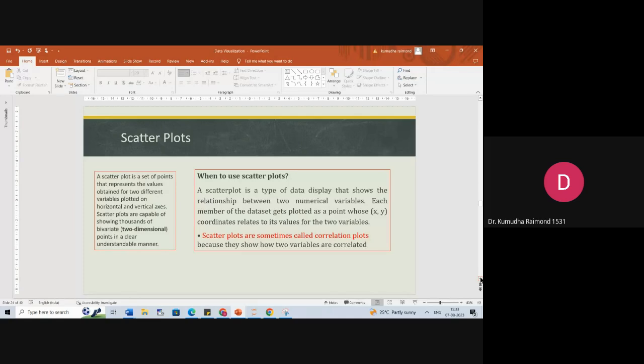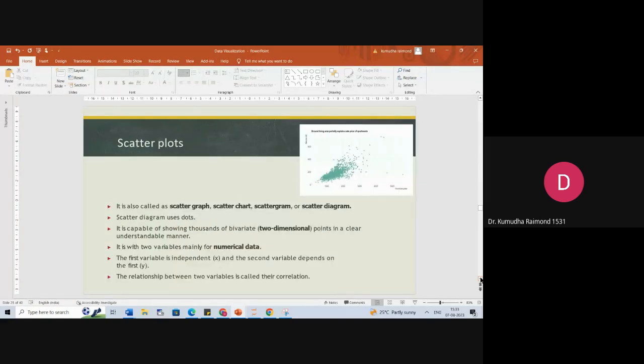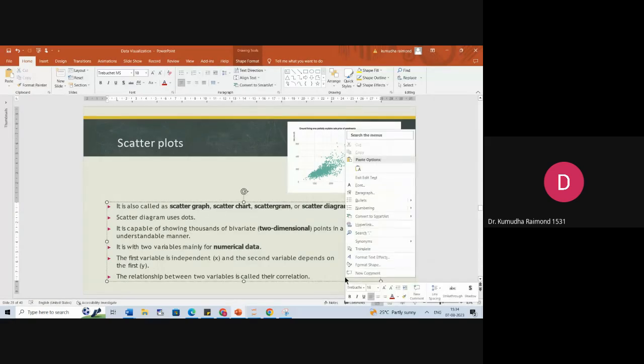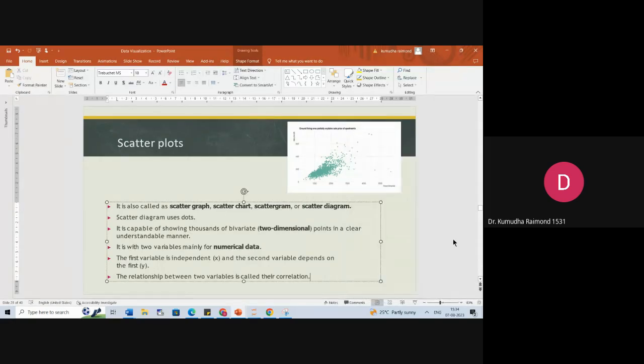It is very helpful to find the correlation between any two data points using the scatter plot. This scatter plot is also called a scatter graph, scatter chart, scattergram, or scatter diagram. It uses dots to display the data, and it doesn't use a line to connect these data points. And it is mainly useful for numerical data.